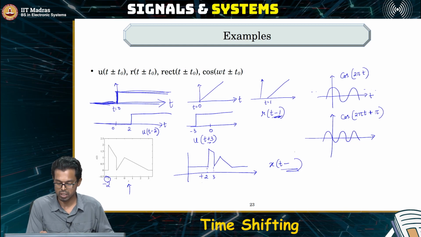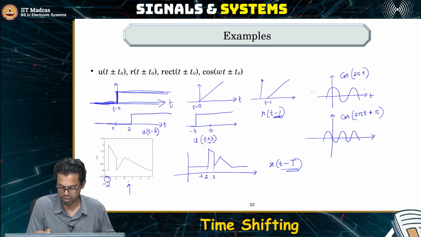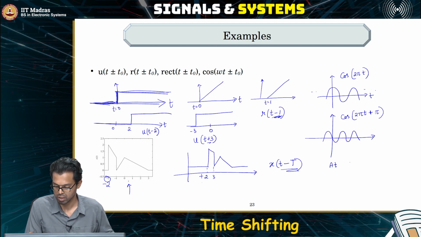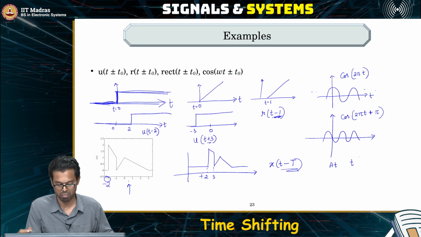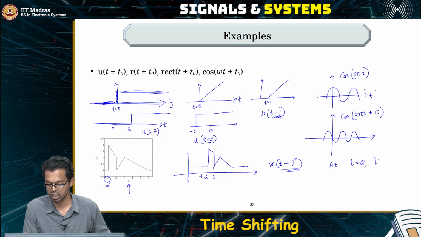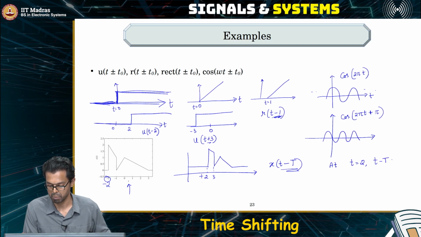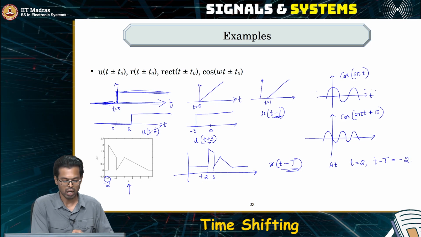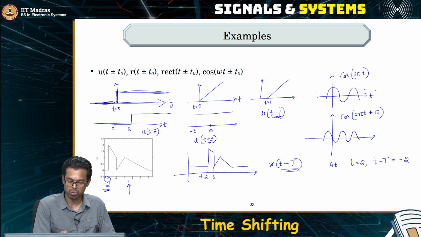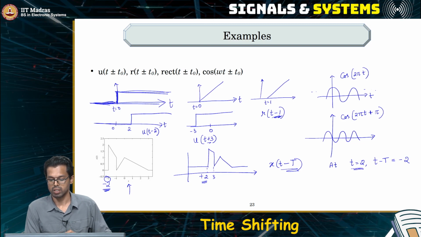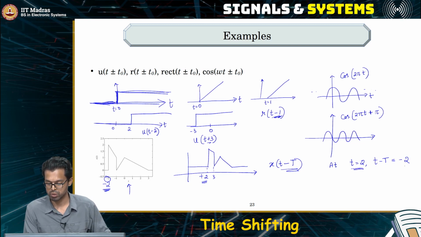So let's say we have some capital T here. At t equals 2, we are supposed to see that t minus capital T should be equal to -2. So the starting point, which was earlier at -2, should come at 2, which means at time value equal to 2, we are supposed to get -2.